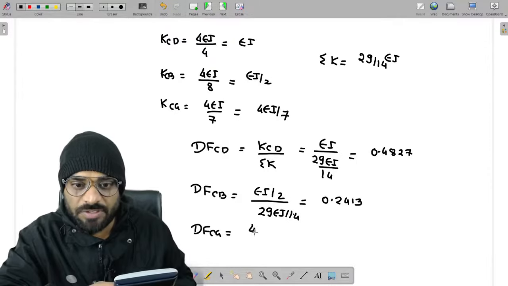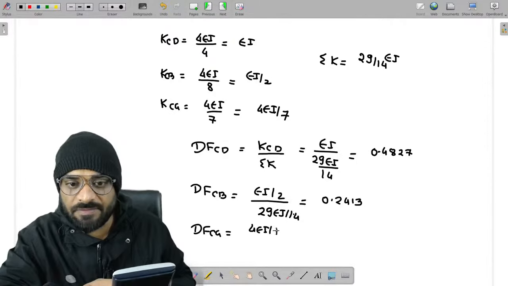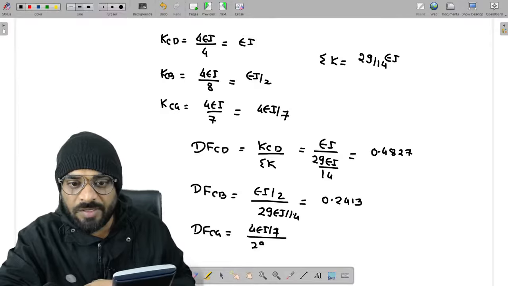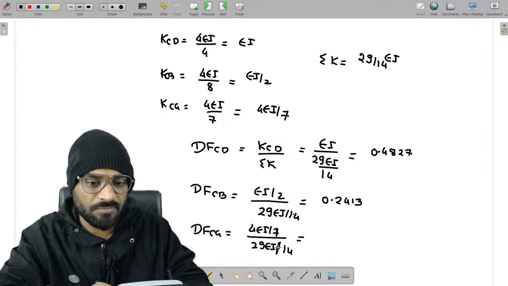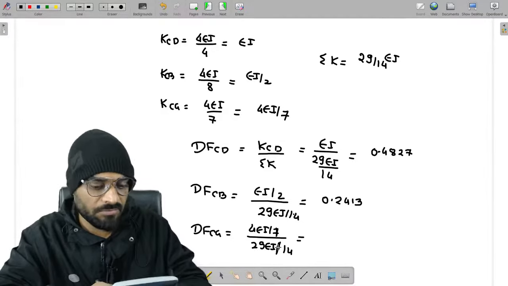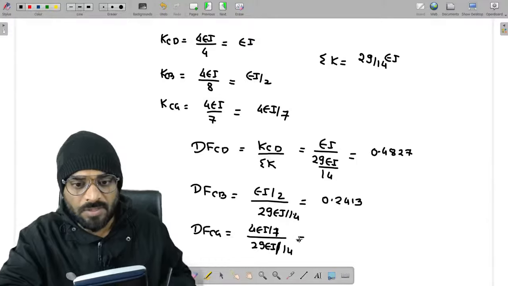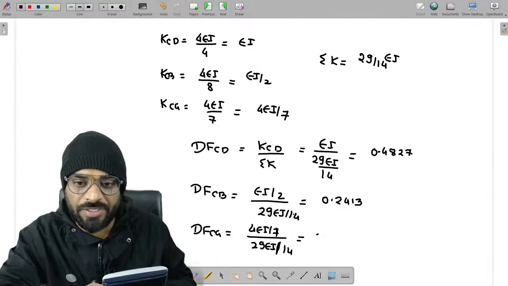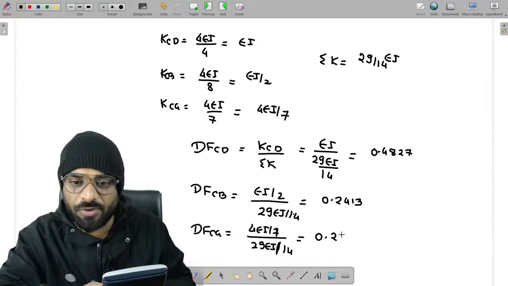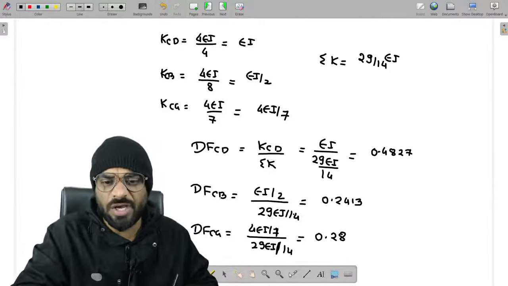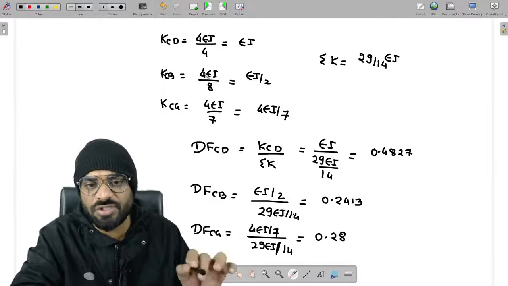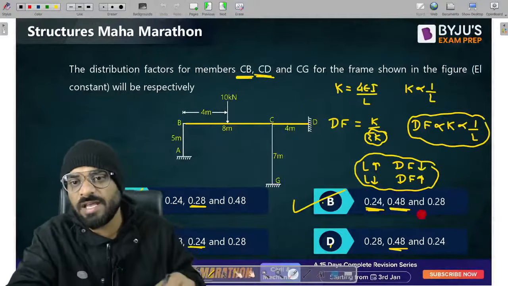CG is equal to how much? 4 EI by 7 divided by 29 EI by 14. So this value is coming around 0.2758. That means 0.28 you can write here. So in this way you can solve it also. But guys, now you are able to understand how to use the distribution factor formula and how we can apply the short trick also.